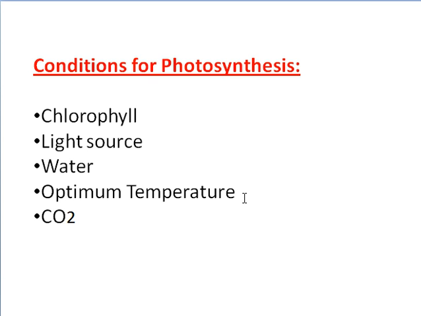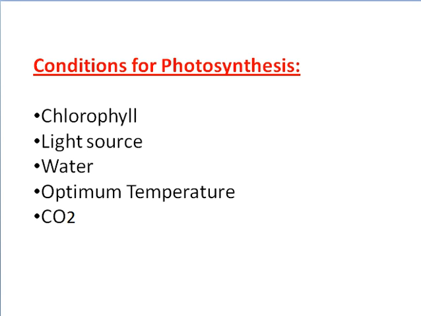Although this is not an absolute condition for photosynthesis, because the optimum temperature can vary from plant to plant. For example, conifers growing in cold climates will have a lower optimum temperature for perfect photosynthesis, while a plant growing in desert conditions will have a higher range of optimum temperature. So I think you get the point, how optimum temperature varies from plant to plant.